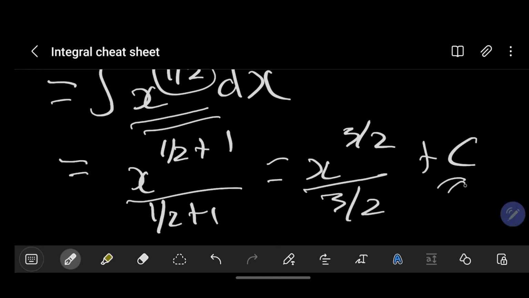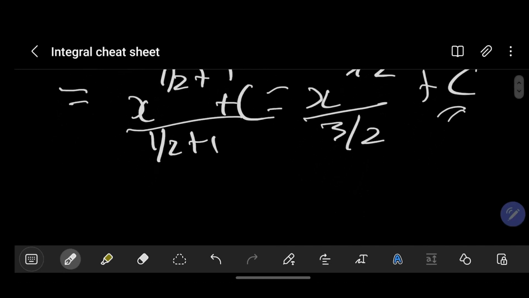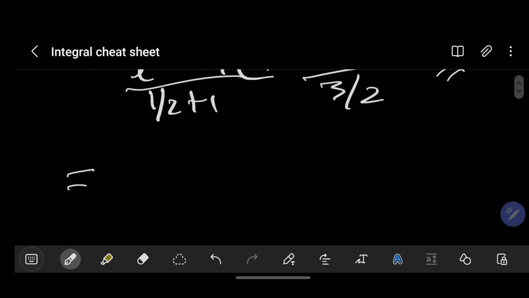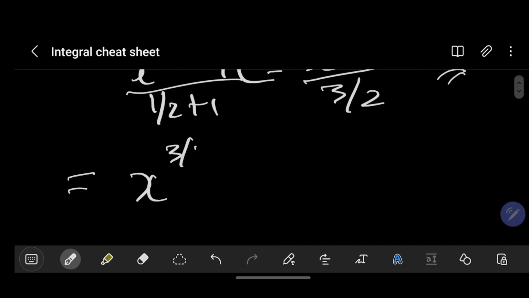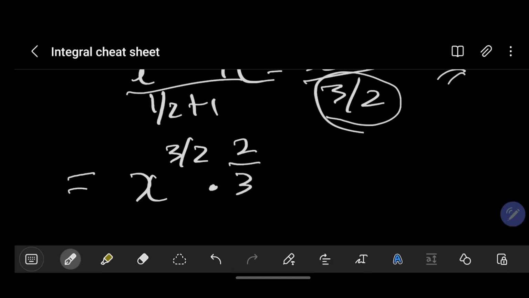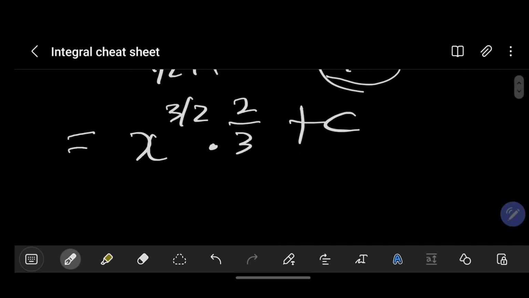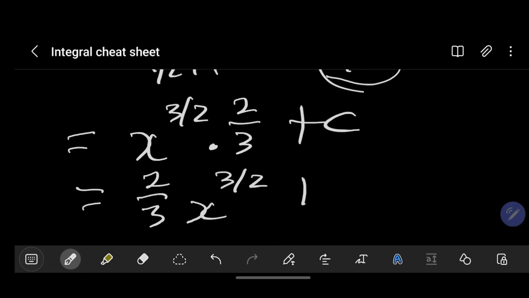Don't forget the c. I forgot the c. Okay, and if you simplify this, you will get x to the 3 by 2 multiplied by 2 by 3. If you bring the 3 by 2 up, you invert it, so it's 2 by 3 plus c. So you would now have this as 2 by 3 x to the 3 by 2 plus c.